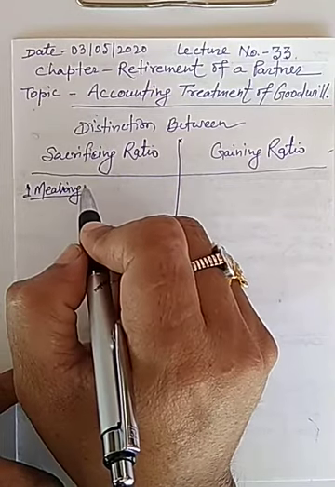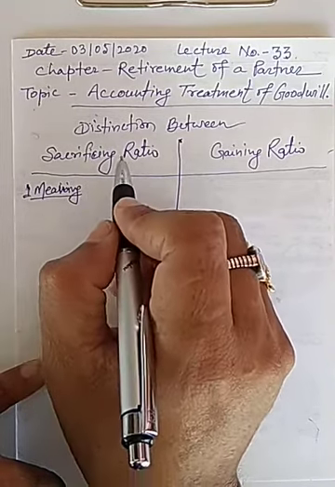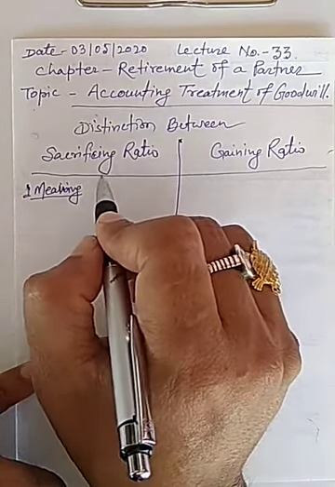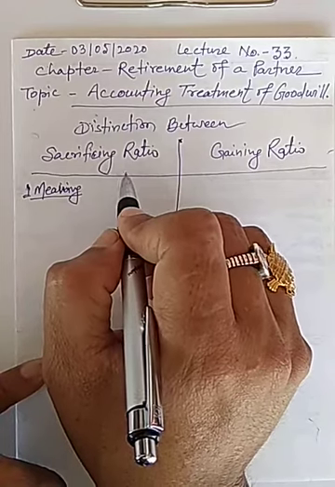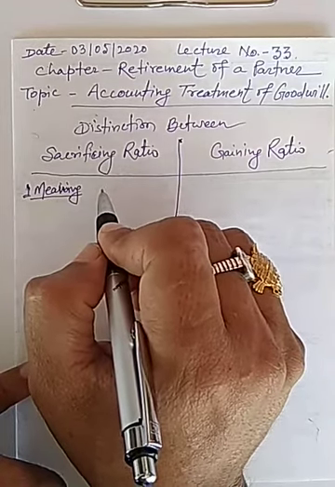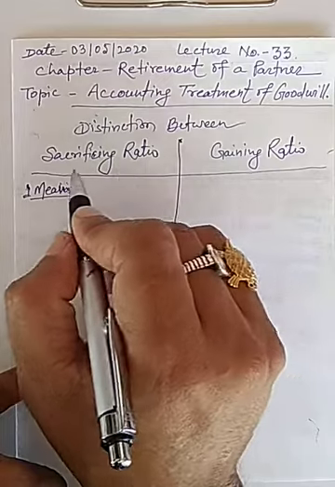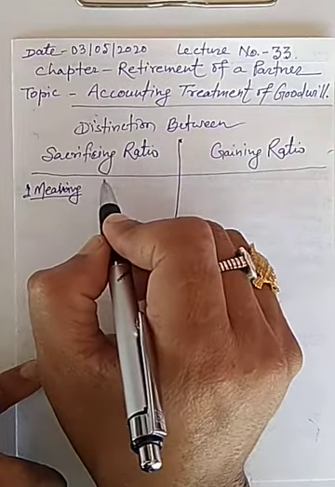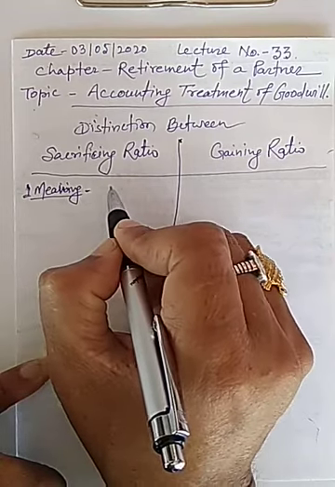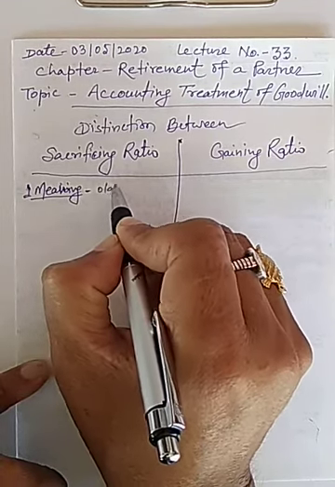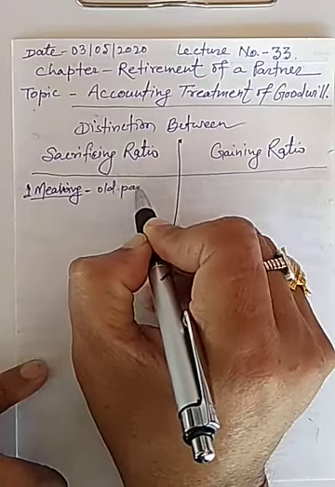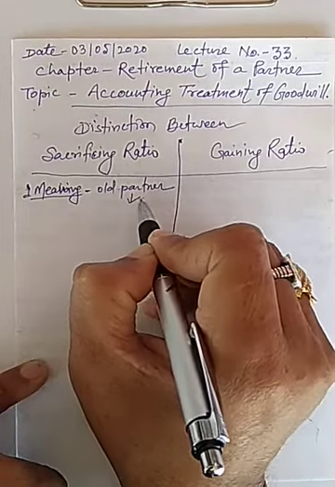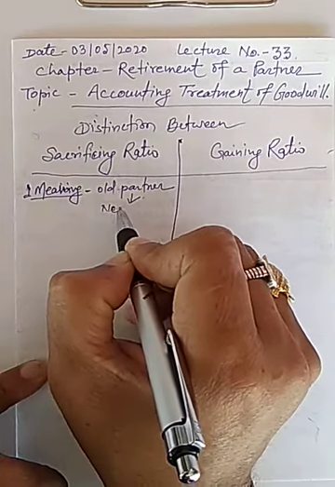Sacrifice ratio is the ratio in which old partners sacrifice their share of profit in favor of the new partner. It means old partners sacrifice to the new partner.